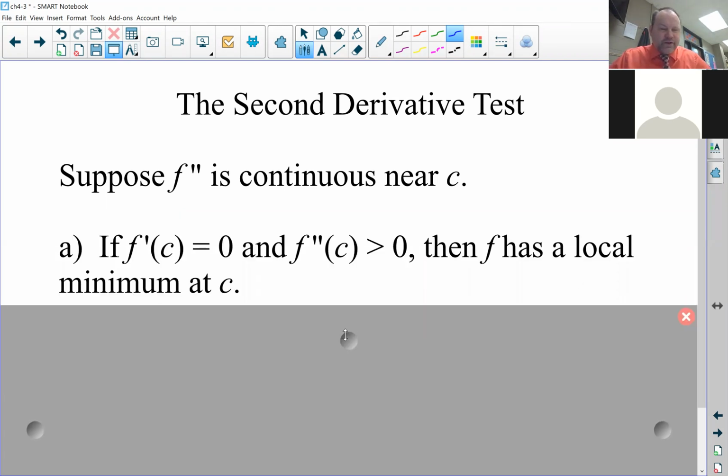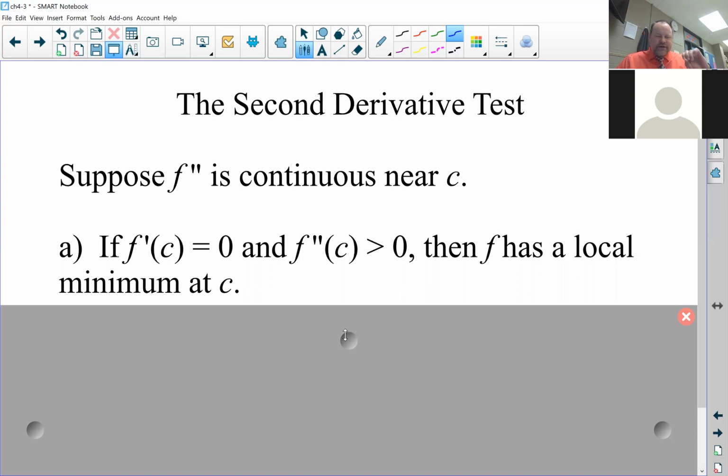If c is a critical number of the function, so the derivative at c is 0, and the second derivative at c is positive, then we have a minimum at c.